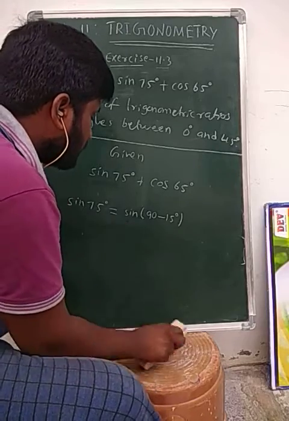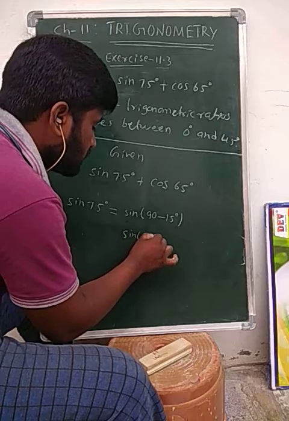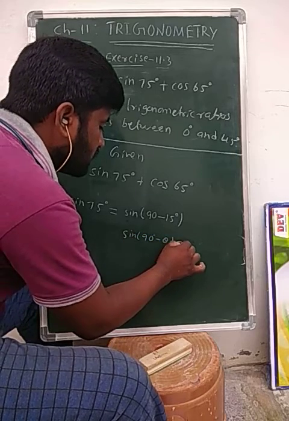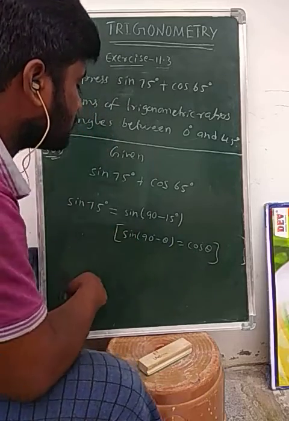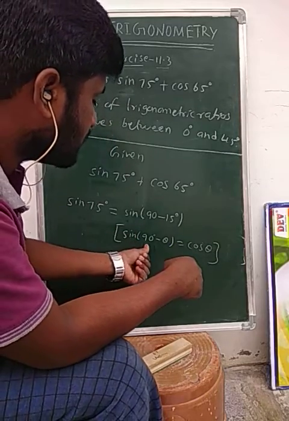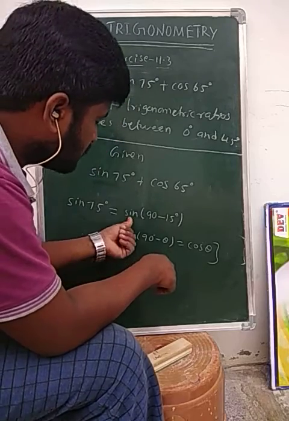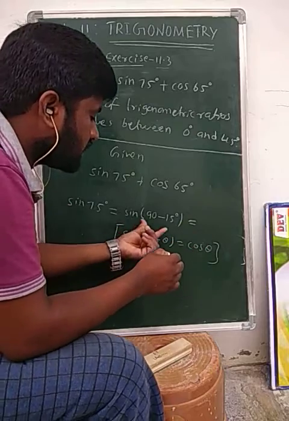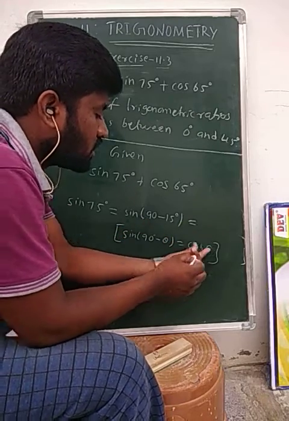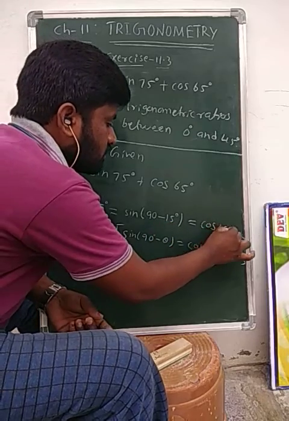The useful formula here is sin 90 minus theta is equal to cos theta. So sin 90 minus 15 degrees means cos theta, that is cos 15 degrees.